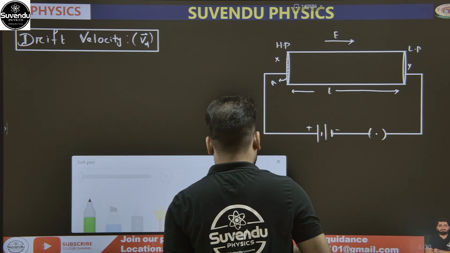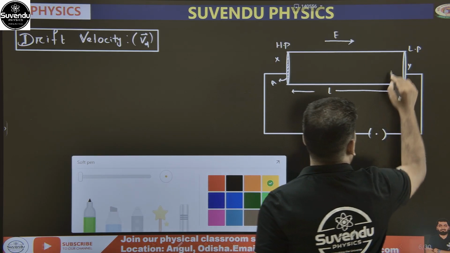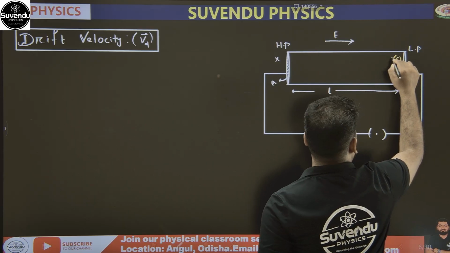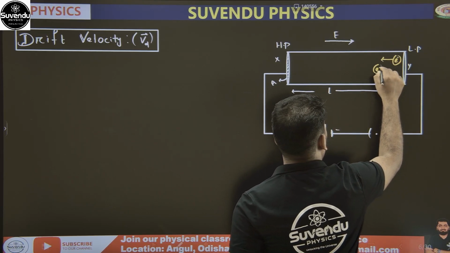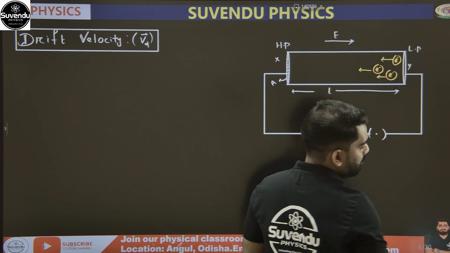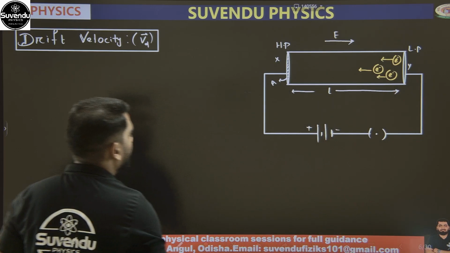Another thing in this figure: what is the direction of motion of electrons? Electrons start to move from lower potential to higher potential. So now what do we have to write?